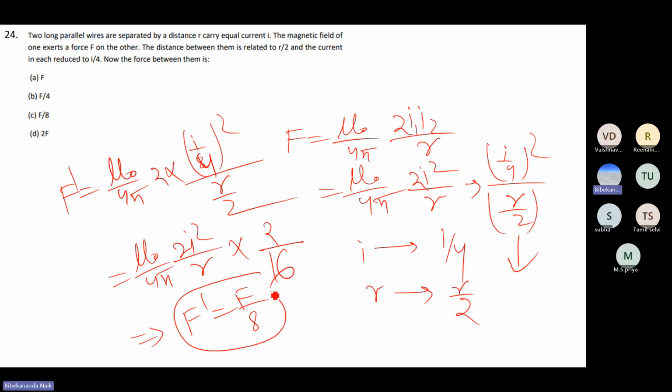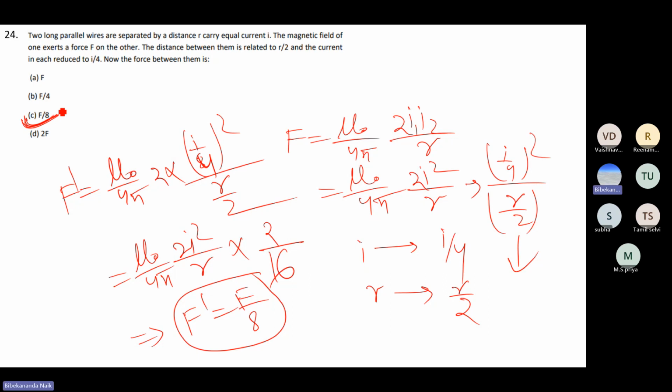So the new force acting on the two wires is reduced by 1 by 8 times, because the current in each is reduced to I by 4, or 1 by 4 times, and the distance is changed from R to R by 2.